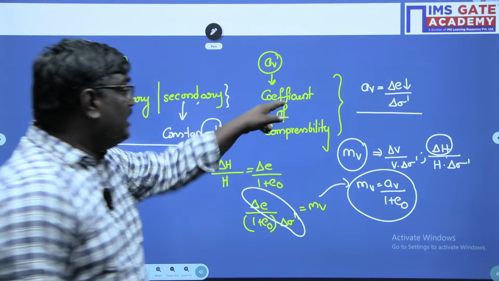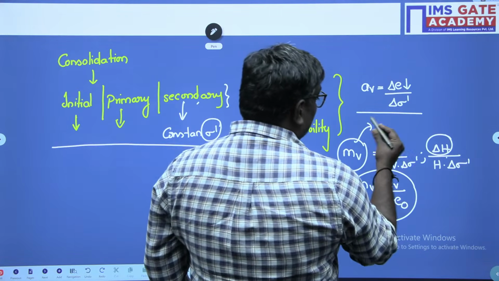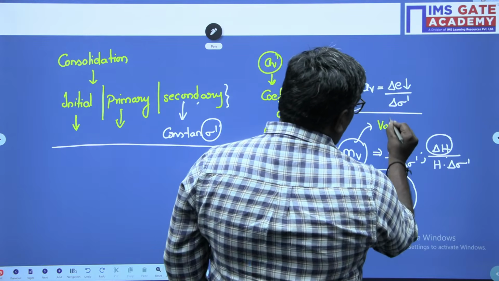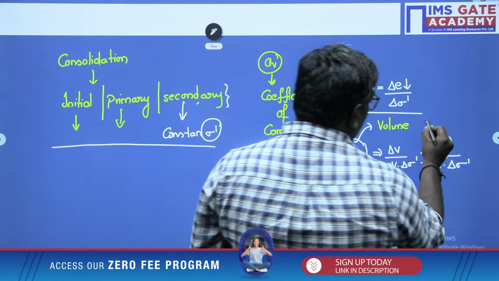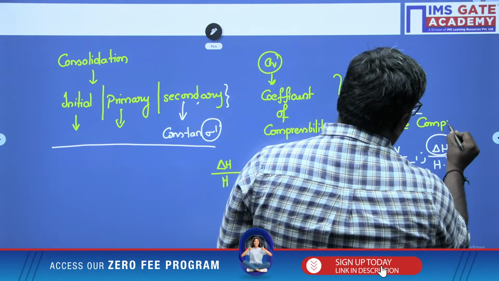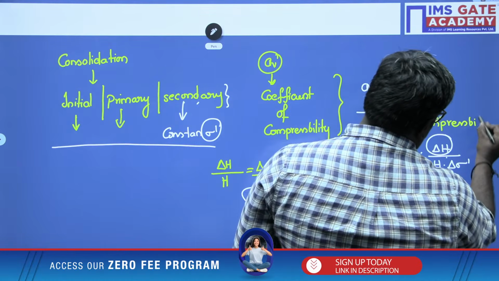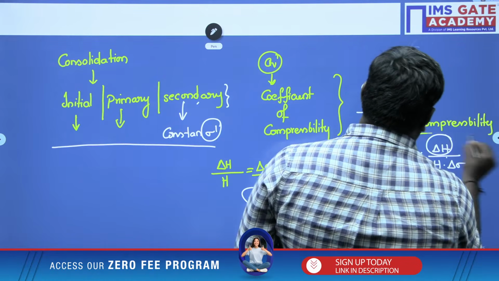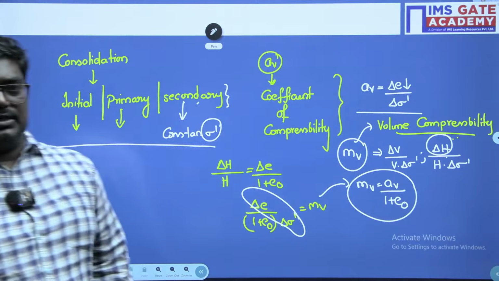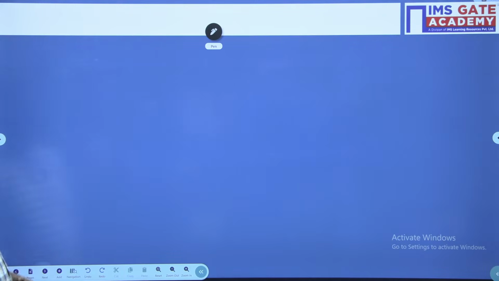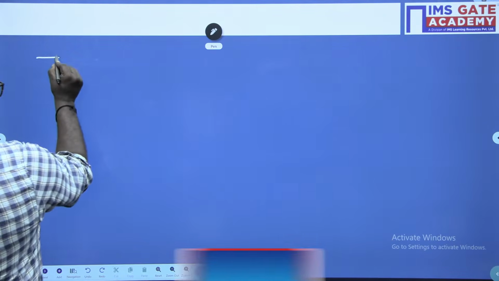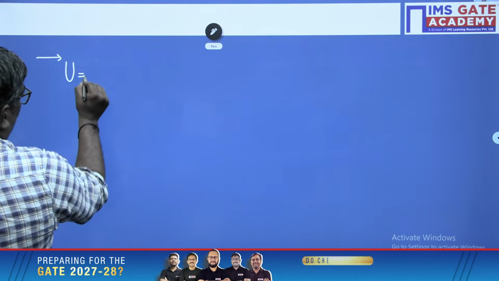So what is AV? Coefficient of compressibility. What is MV? Coefficient of volume compressibility. Agree, sir?